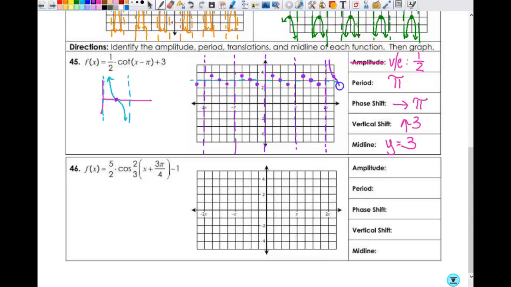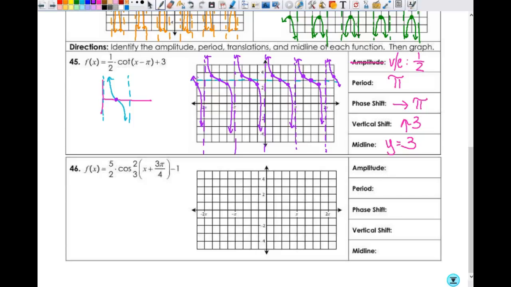Okay, draw in my graph. There you go. There is your cotangent.